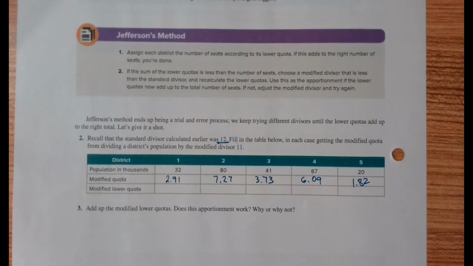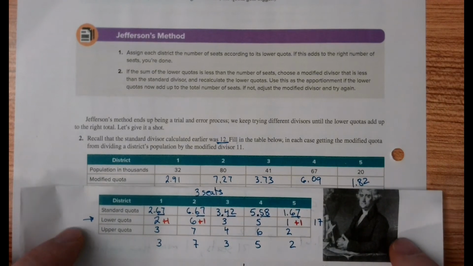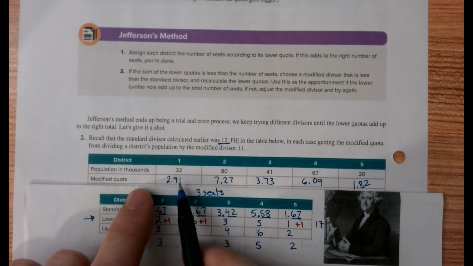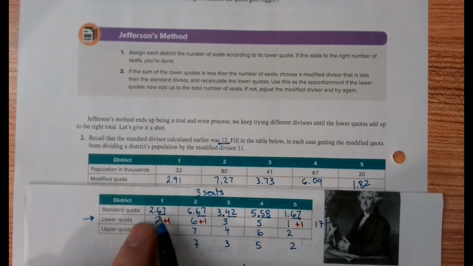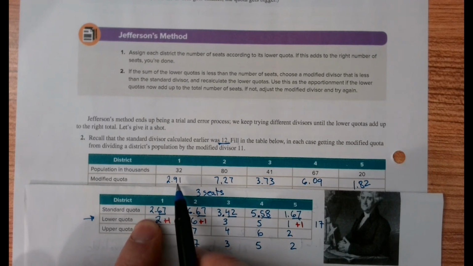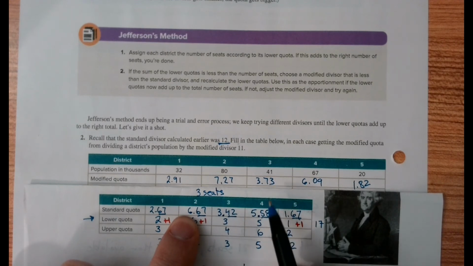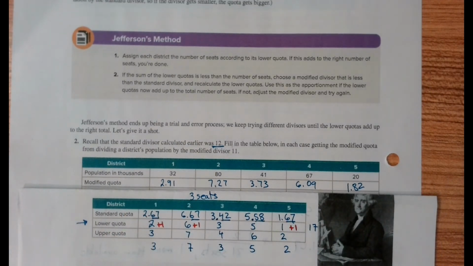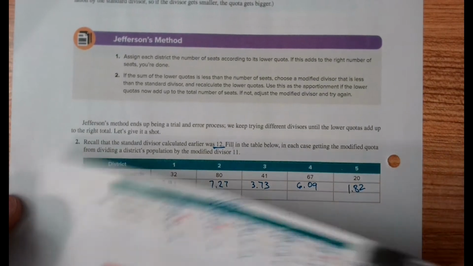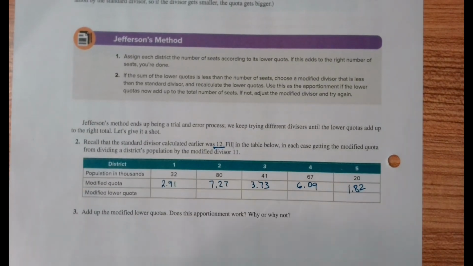Now notice what's happened to our new standard quota. They've all gotten larger. 2.67 went up to 2.91. 6.67 went up to 7.27. 3.42, 3.73. So when we divided by a smaller number, as we knew from back in chapter 1, earlier sections, it increases the size of the number.